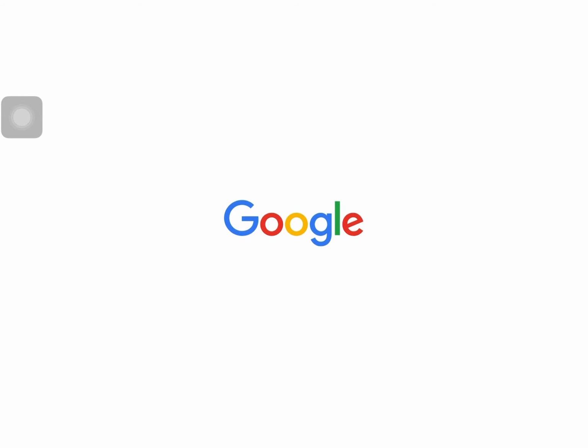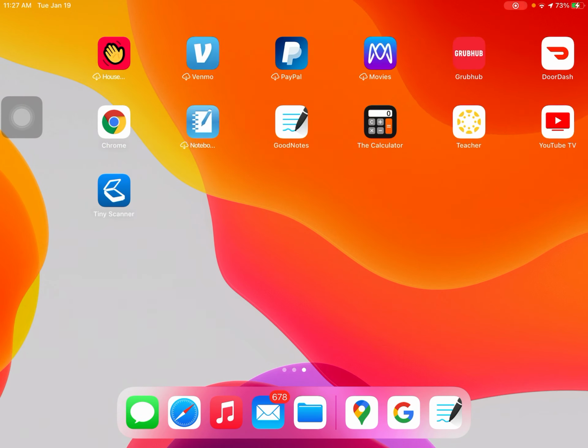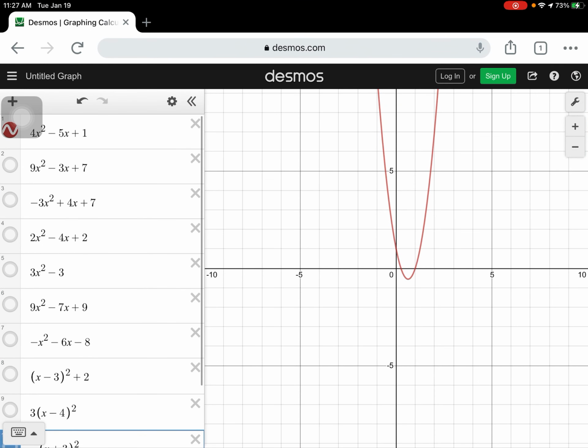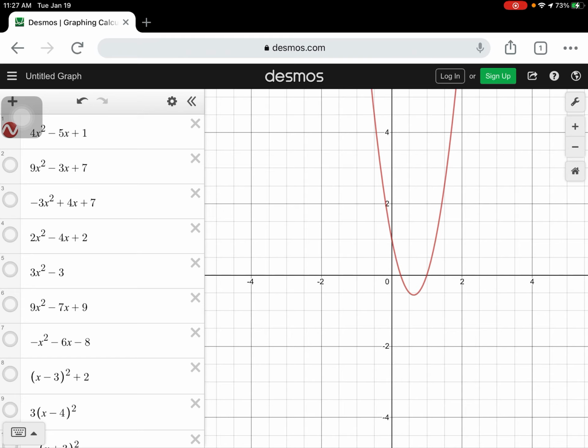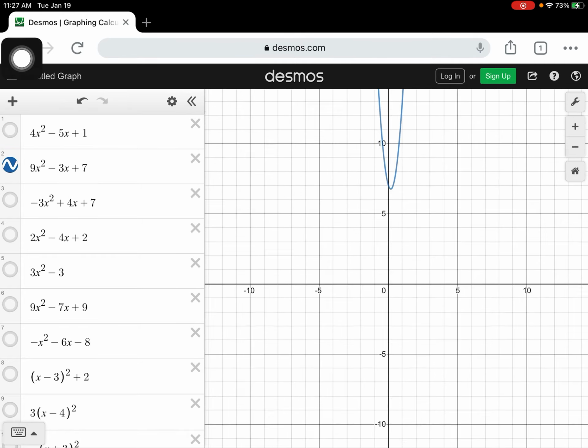All right, let's take a look at these graphs. No, wrong one. I think I just clicked on the wrong one again. Yes. Here, sorry. So looking at the first equation, there are 2 real solutions. It crosses the x-axis twice. Boom, boom. Second graph.